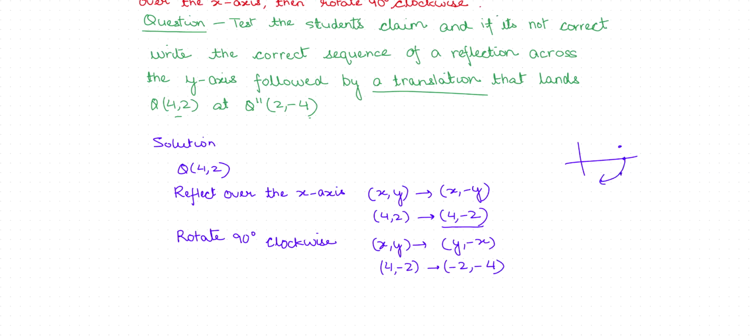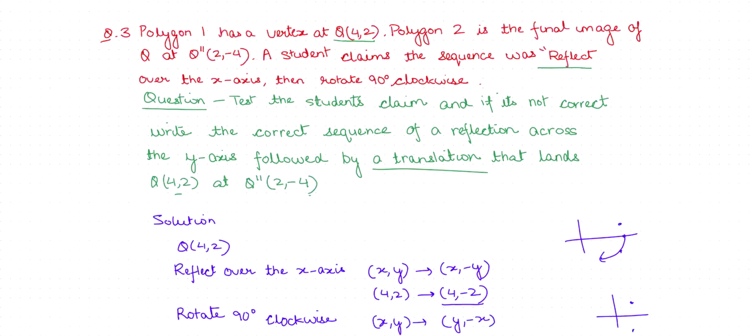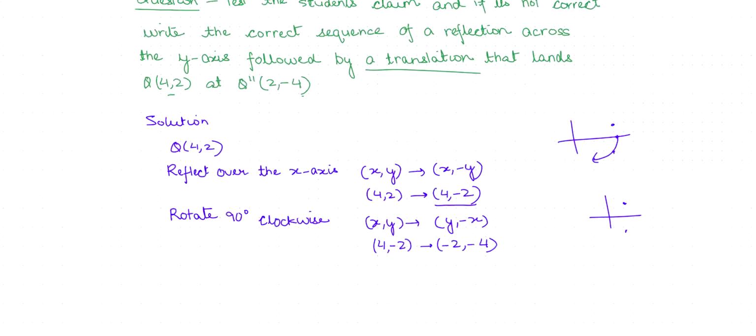Suppose the point was here, a 90-degree clockwise rotation would bring it here. So x and y would interchange, and then the y coordinate would be negative. So it would give (-2, -4). But what we wanted was (2, -4). So this student's logic was not correct.